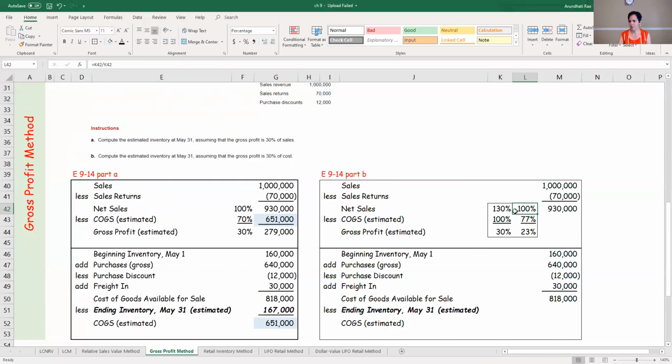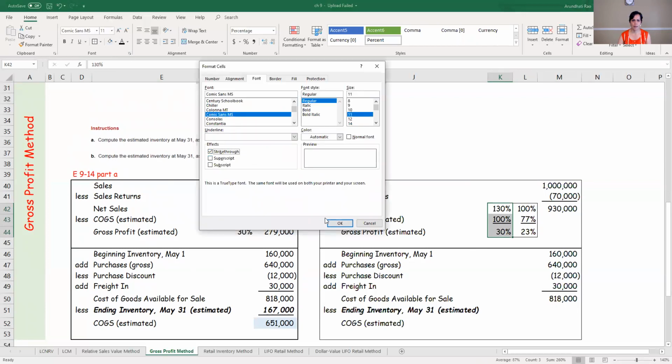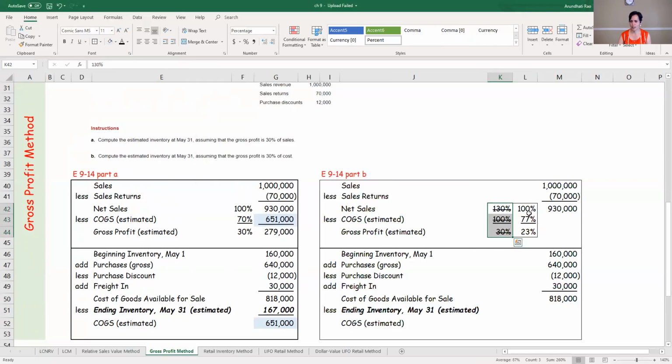Now once I have this, I don't need to worry about this anymore. So I'm going to strike out those numbers simply to say, don't look at that anymore. This is what we're going to look at. So as we had done before, 77% of 930 is my estimated cost of goods sold. 23% of 930 is my estimated gross profit.